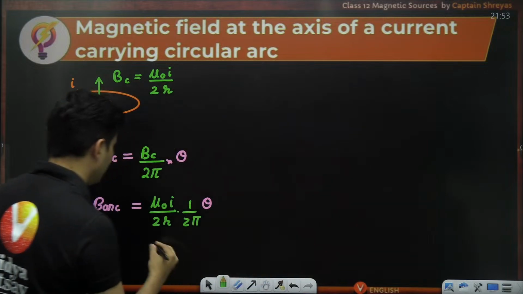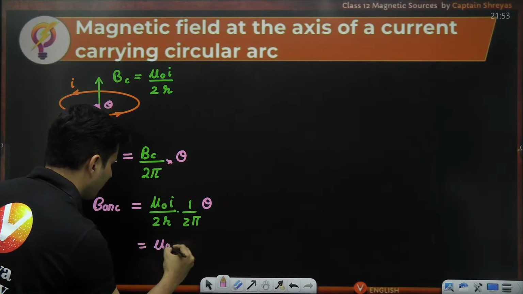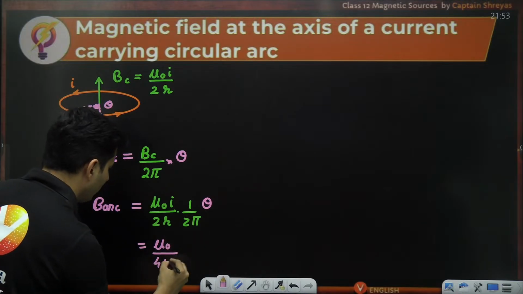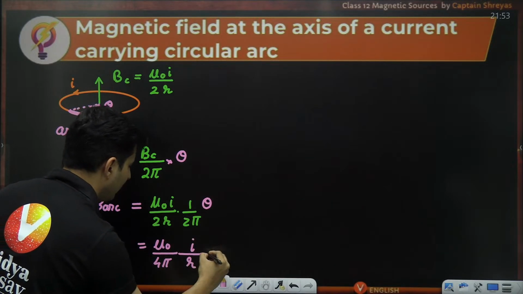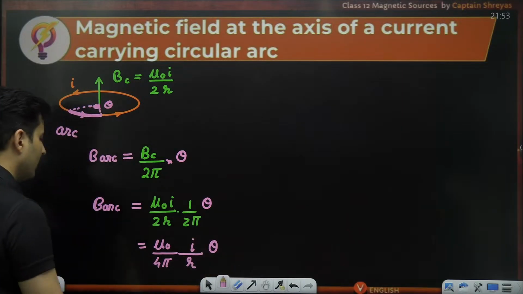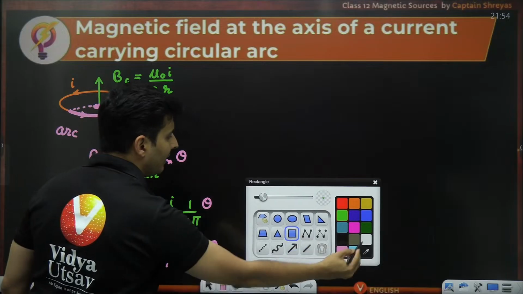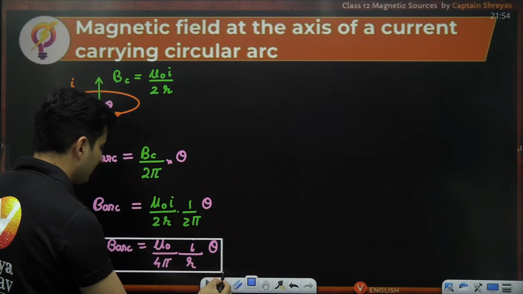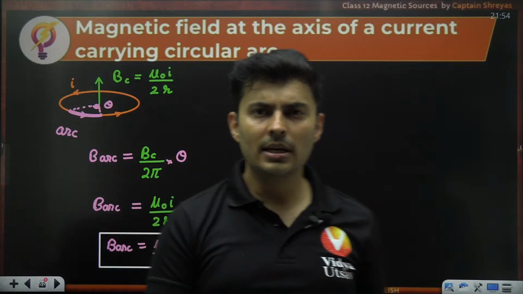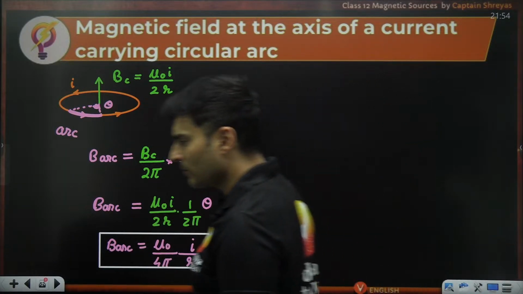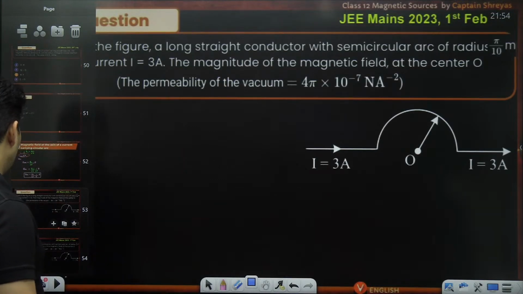So technically this will become mu naught by 4 pi, since 2 times 2 is 4, and then we have current divided by r, and then theta. So that is the magnetic field due to an arc of wire carrying some current. Clear about this? Everybody with me?